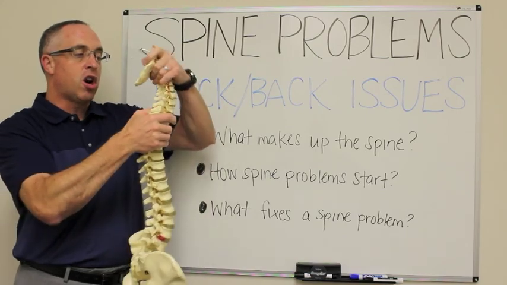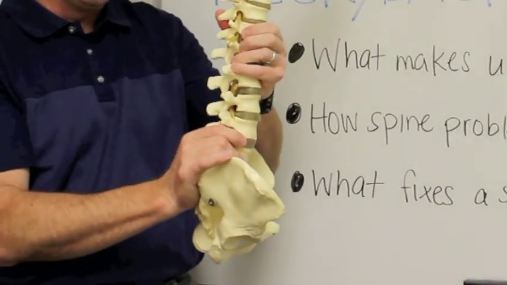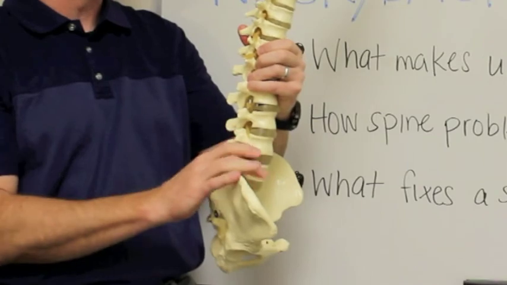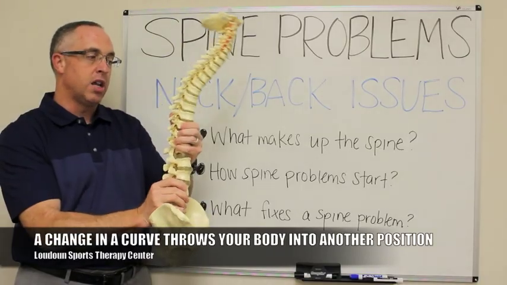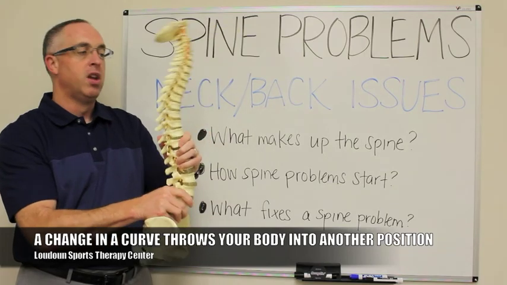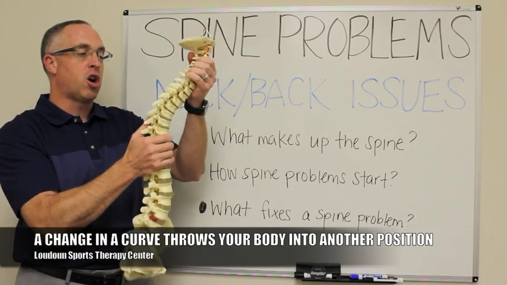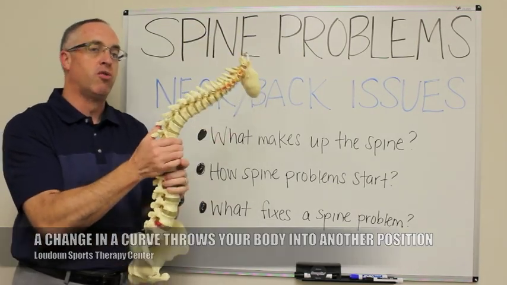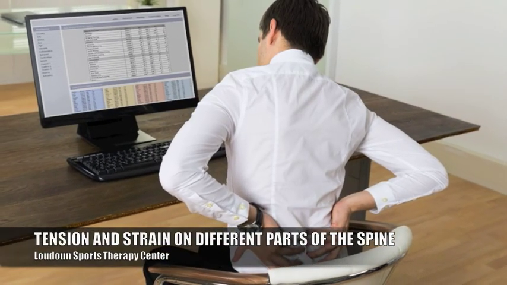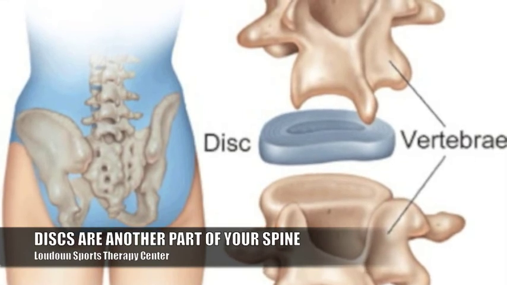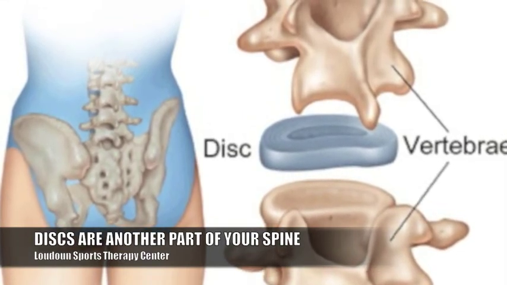If you have a good curve in your neck, but too little of curve in your low back, you can see how that change in that curve throws the rest of your body into a forward position. The same would be true if you have too much curve in your upper back. It starts to throw the rest of you forward and it puts tension and strain on different parts of your spine.